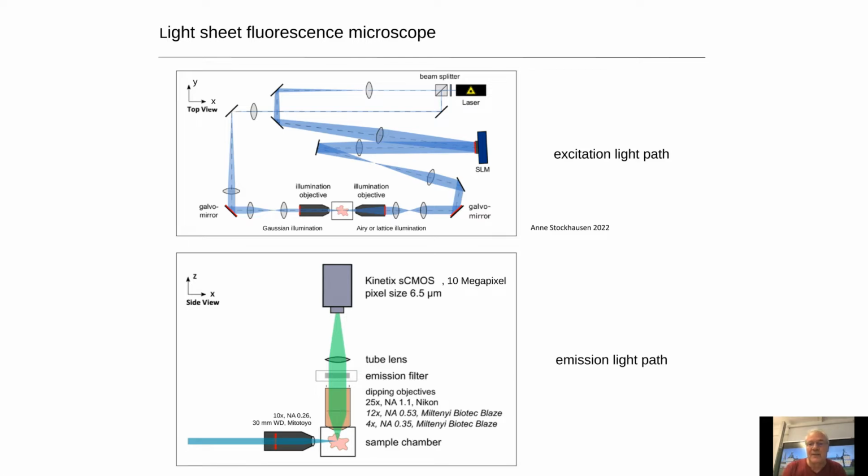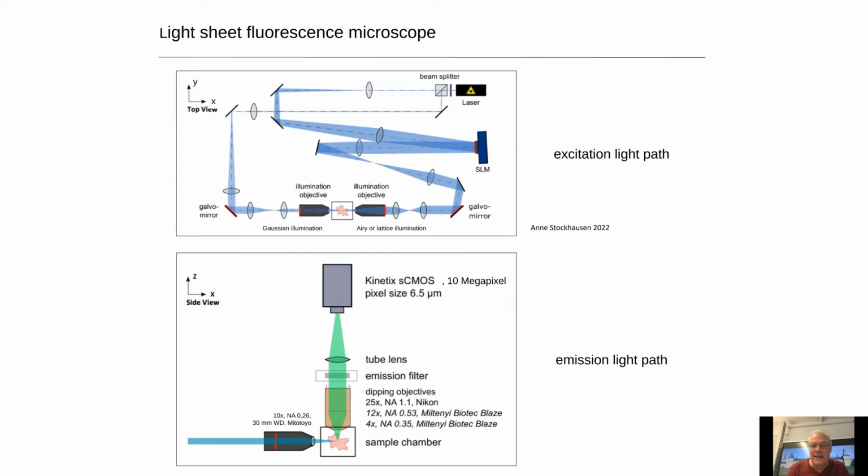So here we see in the upper sketch the excitation light path of our microscope. Actually here we see on the right-hand side a very complex light path which is used for Airy beam or lattice light sheet illumination. We do not use that part in the experiments that I will show. We only use a normal Gaussian illumination that is then scanned along the focal plane in order to create in the time average a light sheet.